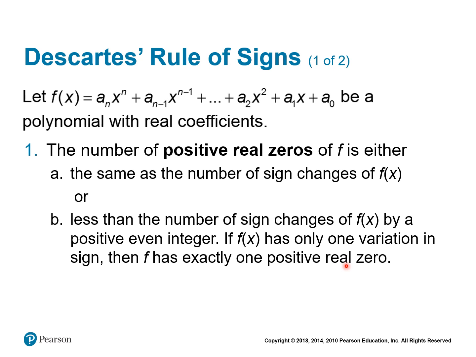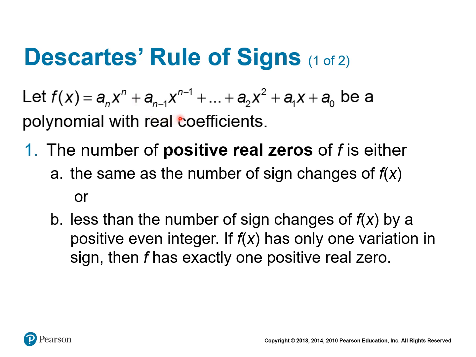So just to summarize, what they're really saying is, in order to determine the number of positive real zeros, we have to look at the sign changes between the terms. All right, if this starts with a plus, and then if this were a minus, that would be regarded as a sign change.